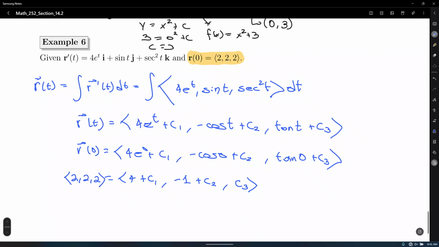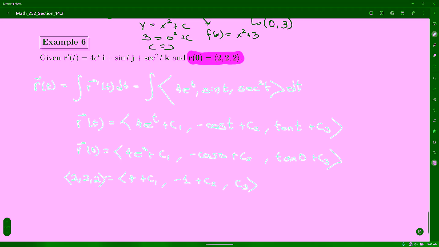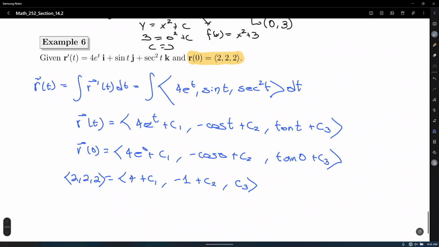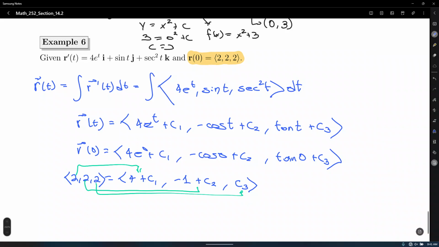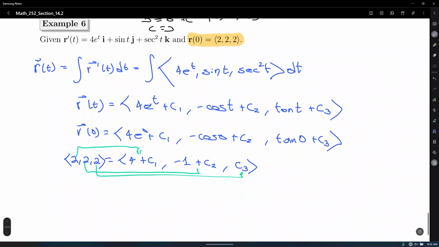Again, remember that silly property we talked about at the beginning of the semester: two vectors are equal if their components are equal? Well, here again, it makes more sense. We use that property to equate components. 2 equals 4 plus c1, 2 equals negative 1 plus c2, and 2 equals c3. So that's going to give us a system of 3 equations, but every single equation has one single variable.